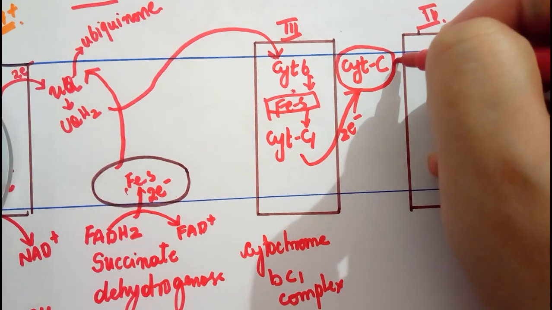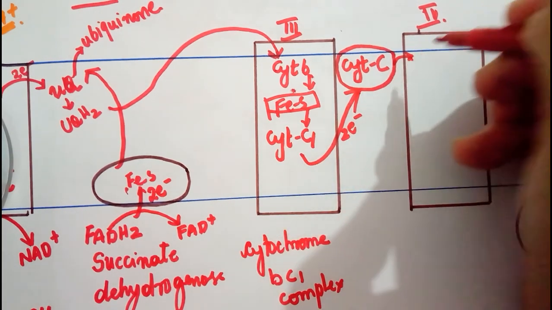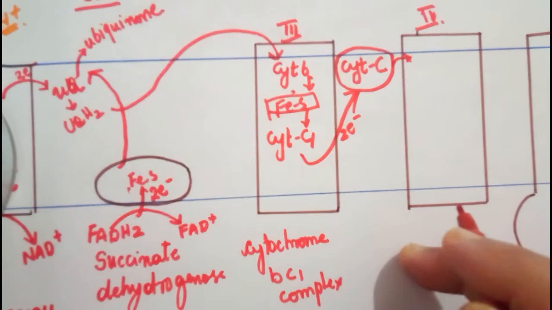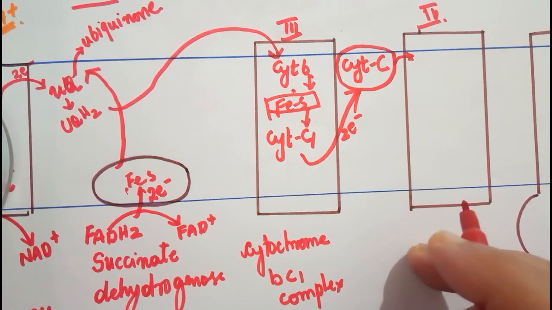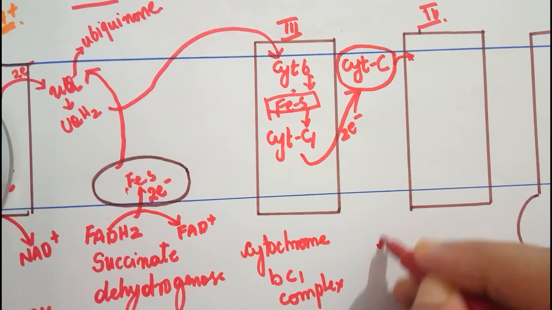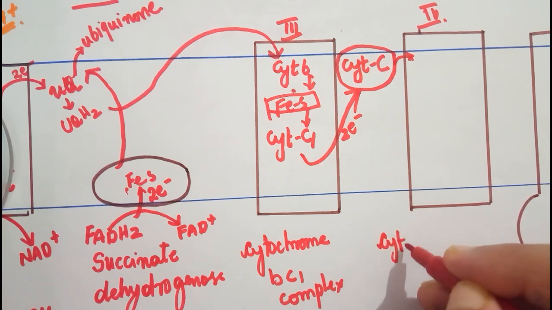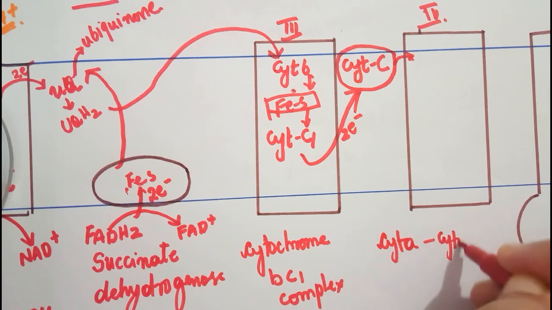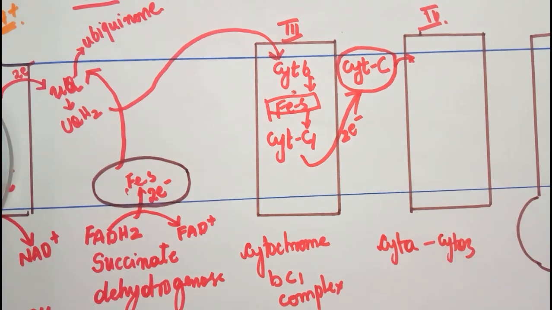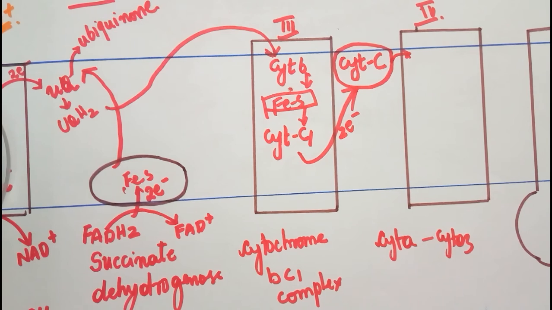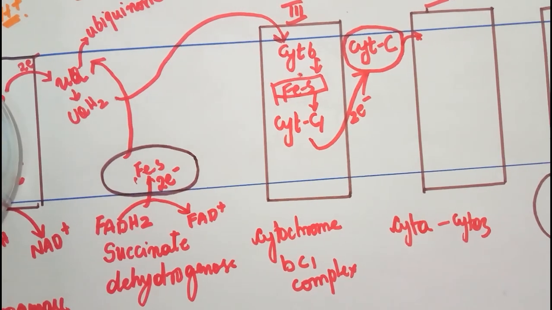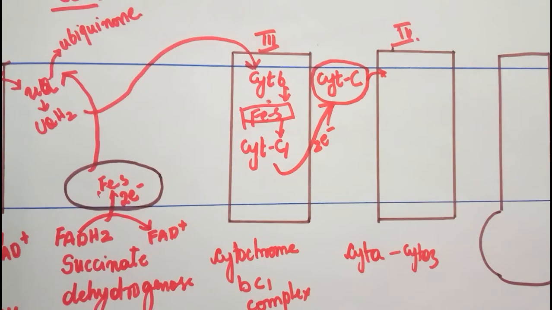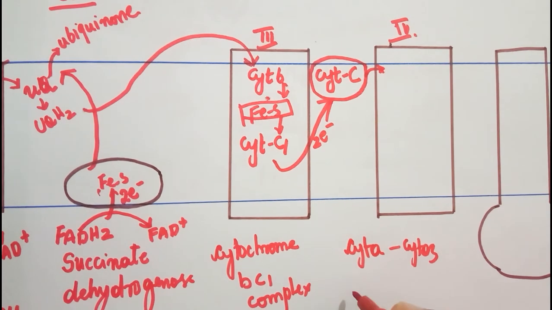From cytochrome C, the electrons are passed to the fourth complex, complex 4, which is the cytochrome A3 complex. Some books also write it as cytochrome C oxidase complex.